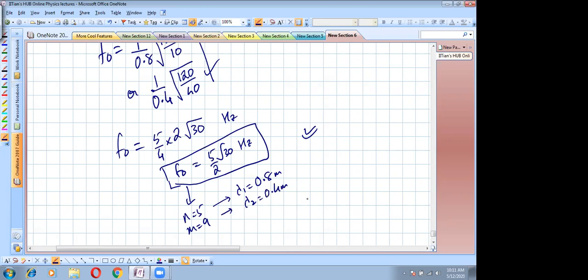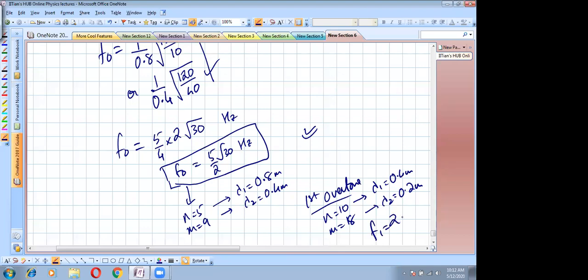Now the first overtone will correspond to n equal to 10 and m equal to 18. So when n is doubled, what will happen to lambda? Lambda 1 will become half. So the frequency of the first overtone will be the second harmonic of the fundamental.